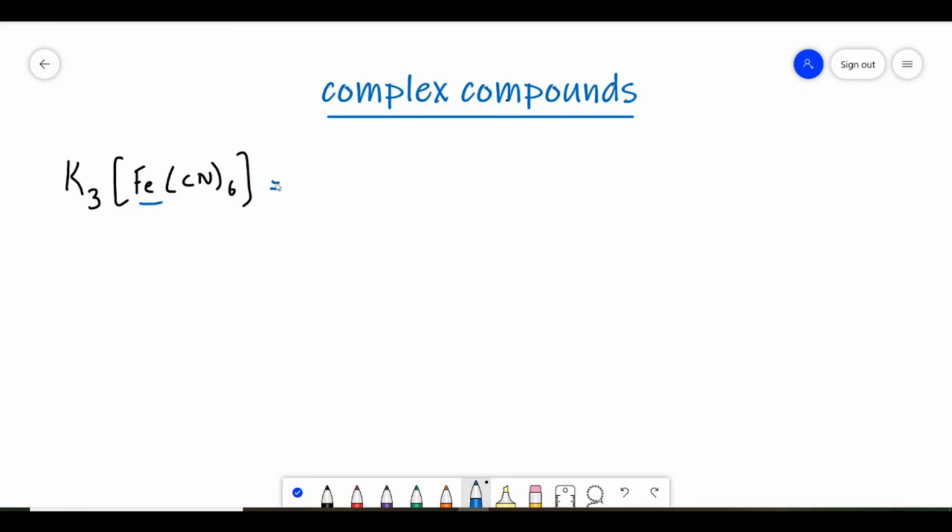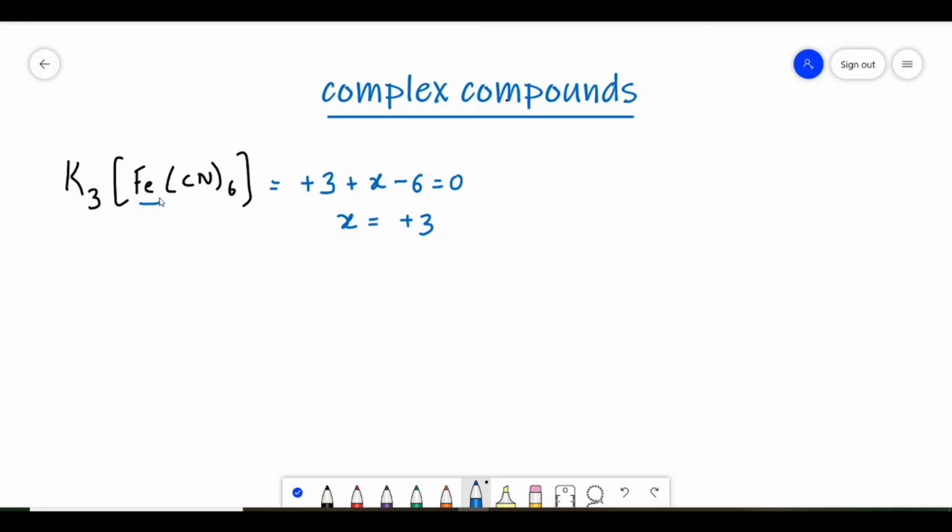In the previous classes we discussed how to calculate oxidation state. Here potassium is +1, so 3 potassiums is +3. Iron, take it as X. And 6 cyanides, the cyanide charge is -1, so it is -6, equal to 0. X is equal to +3. So this is the oxidation state of iron.